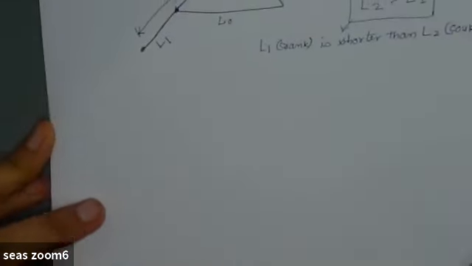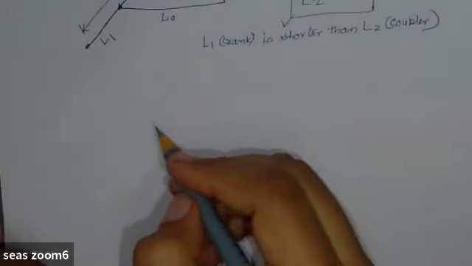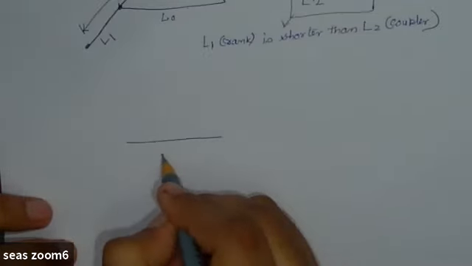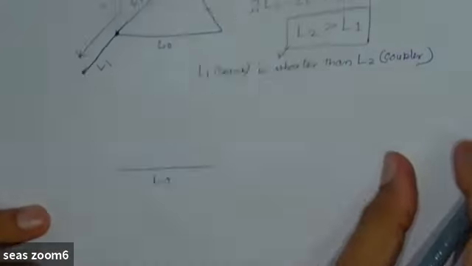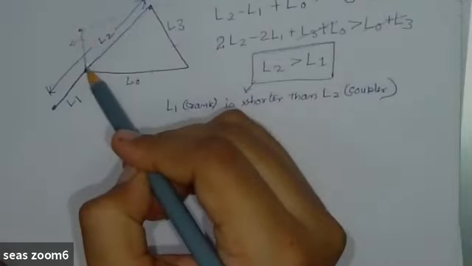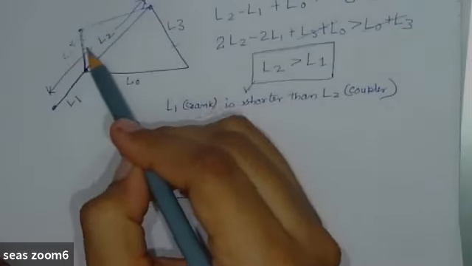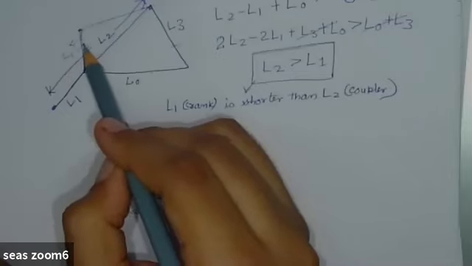Let's see one more limiting condition. In another limiting condition, we can just draw a diagram like this. Let's say this is L naught. In the earlier case, we rotated this L1 in this direction. Now let's say we are rotating L1 in this direction.